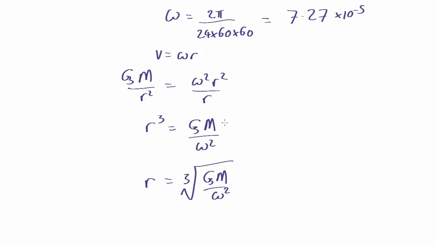And for the mass of the Earth, which is 5.97 times 10 to the 24, the gravitational constant G is 6.67 times 10 to the minus 11. We've just worked out omega. That comes out as 42,000 kilometers. So a long way up. But that's distance from the center of the Earth, it's 36,000 kilometers above the Earth's surface.